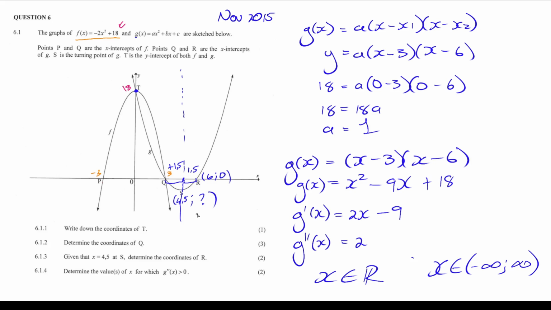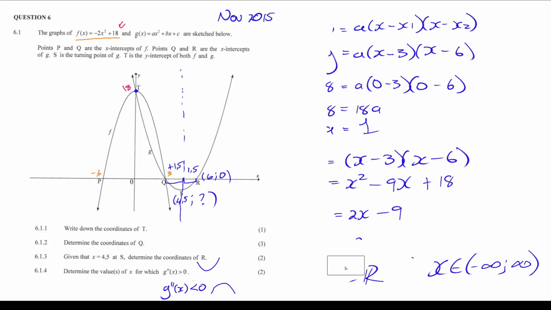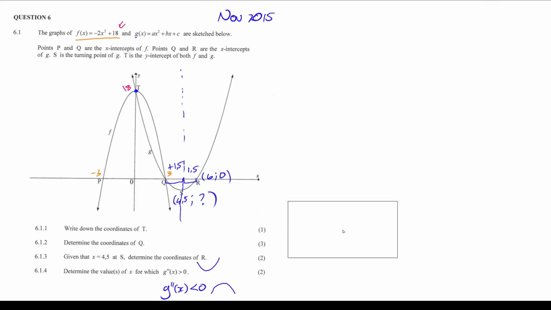The other way to do it is to remember when your second derivative is positive, your graph is concave up. And when your second derivative is negative, your graph is concave down. This thing is always concave up. So you didn't have to do any of this business.